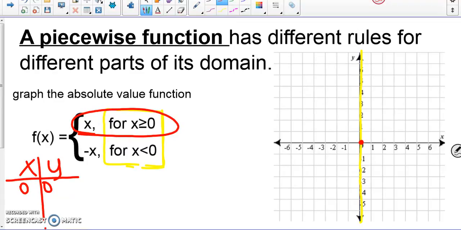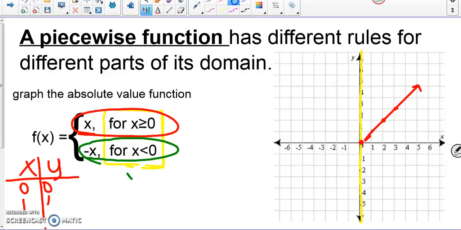Then I'm going to do 1, 1, and so on. It goes to 2, 2, 3, 3, and I have graphed the line y equals x.